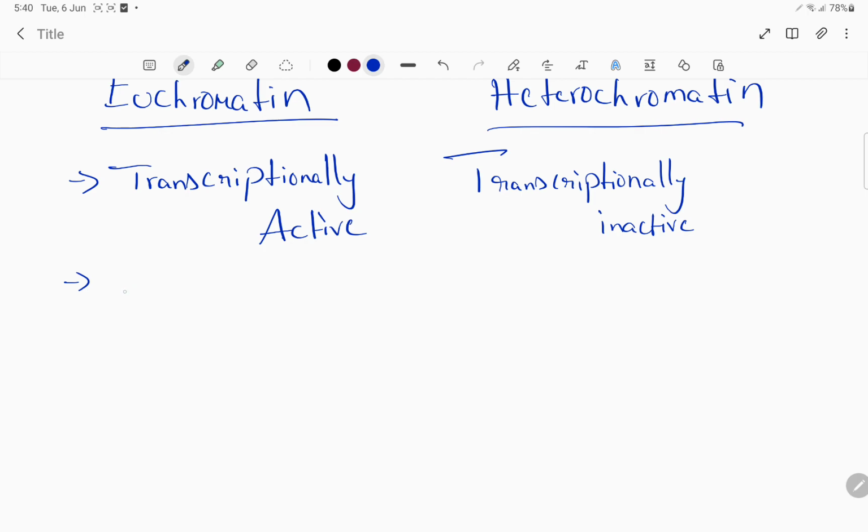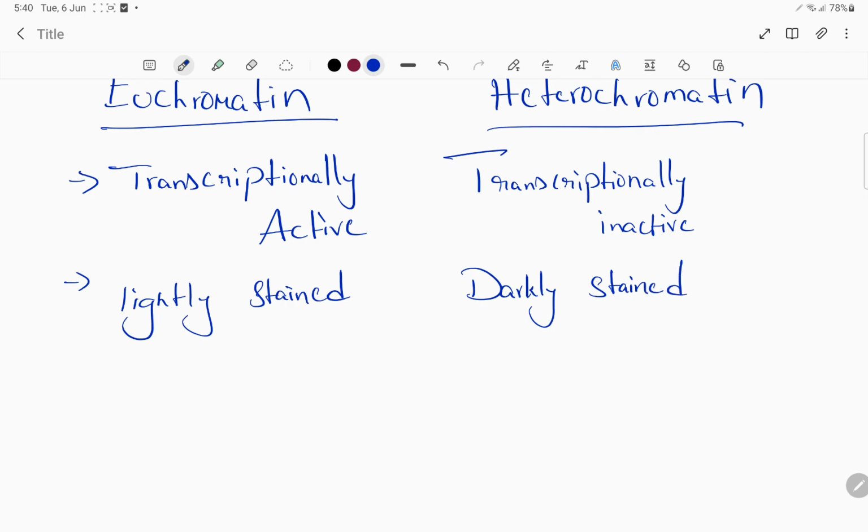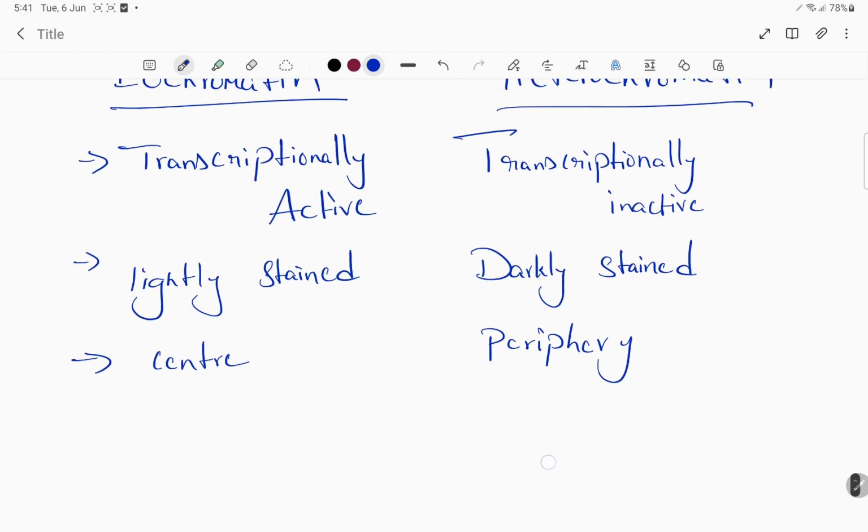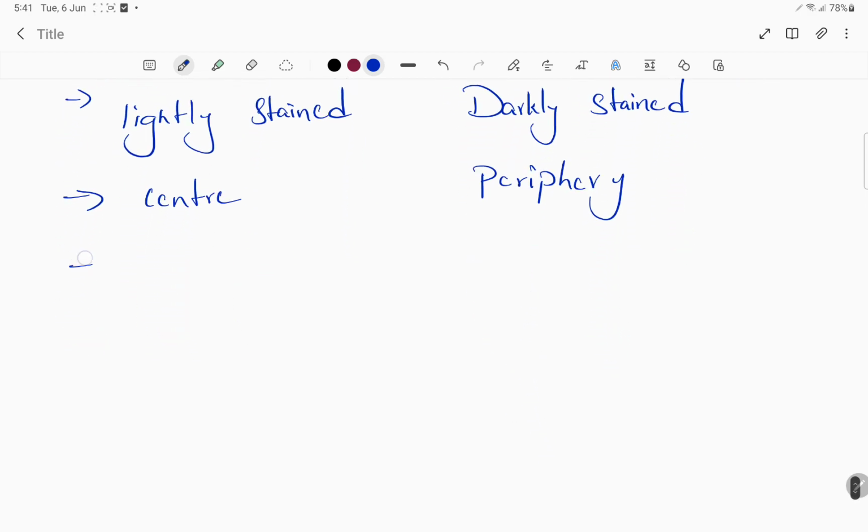Euchromatin is lightly stained, and heterochromatin is darkly stained. Euchromatin is located more in the center, and heterochromatin is located in the periphery. In euchromatin replication takes place early, and in heterochromatin replication is late.